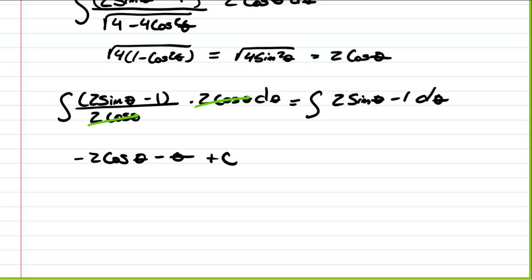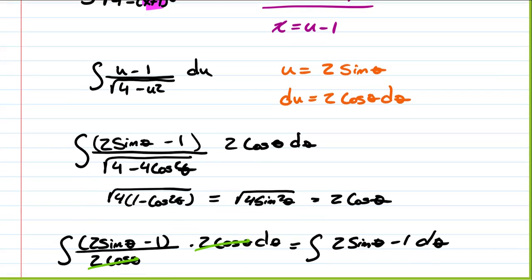But now we've got to start our journey backwards, right? Because we started with x's, and we're at thetas, but we had a u substitution in between, so we have to back substitute twice to recover our original variable.